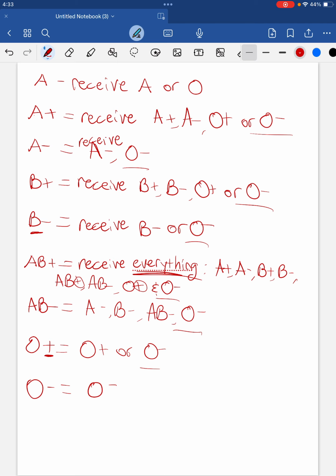But O negative can only receive other O negative blood because it will make antibodies against A, B, and Rh antigens. And if we're talking about who can give to who, it's the opposite of what I drew here. So A positive can give to A positive, A negative can give to A positive, etc. So we have our receivers and our givers all here.